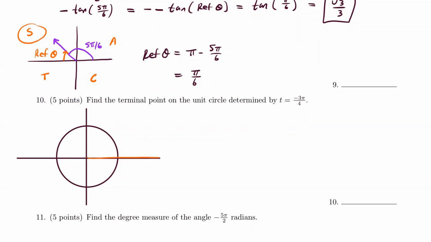So 3π over 4 you can write as 2π over 4 plus π over 4. That simplifies to π over 2 and π over 4. π over 2 is 90 degrees, π over 4 is 45 degrees. So let's go 90 and 45 in the clockwise direction.